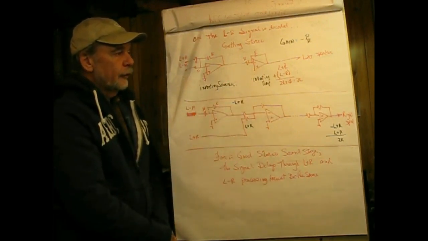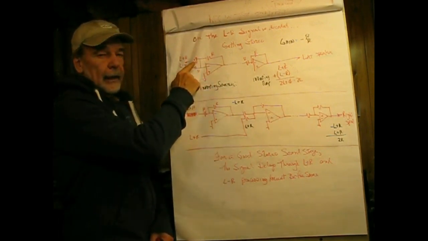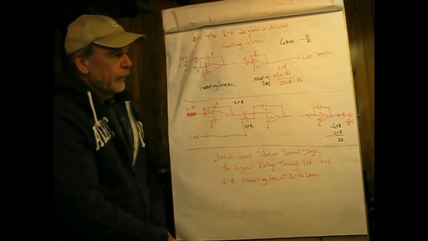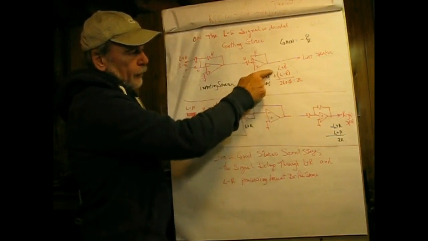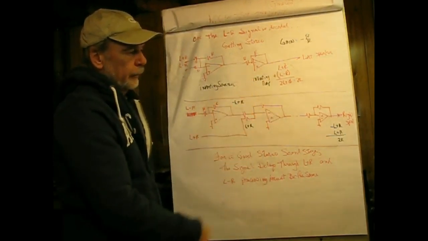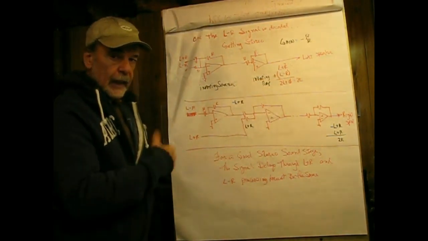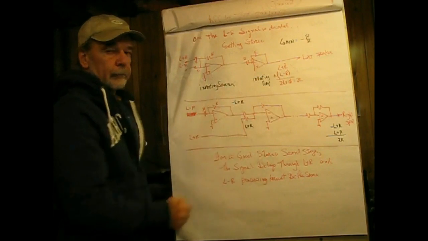The equation to determine the gain is -RF over RI, and since these have the same values, it'll be -1. So sitting over here after this double inversion, if I just add these two signals together, what I end up with is 2L. So 2 times the left audio signal comes out of this circuit.